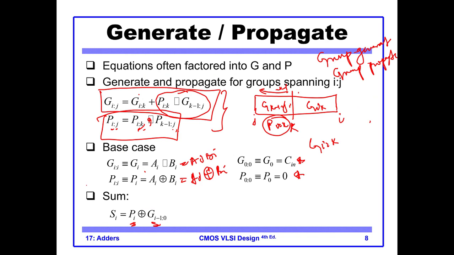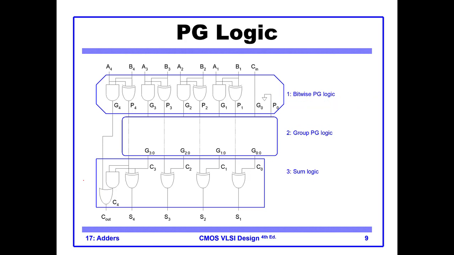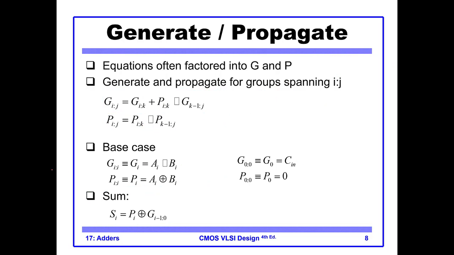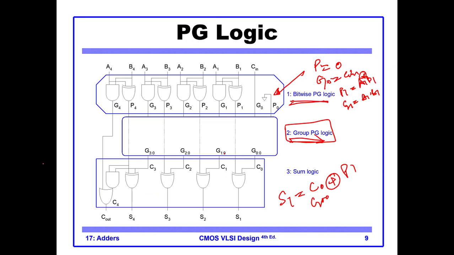The third one is the sum formula. The sum at any position is basically Pi exclusive OR G of I minus 1 down to 0. So in this case S1 is equal to G00 exclusive OR P1, where G00 is C0.